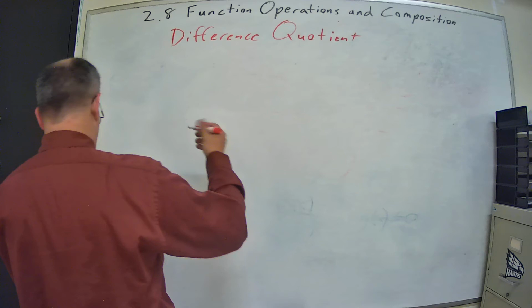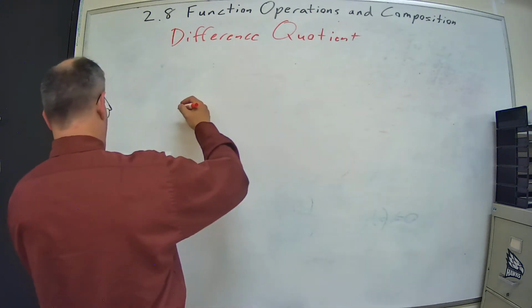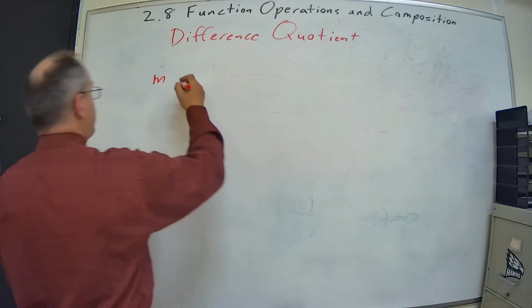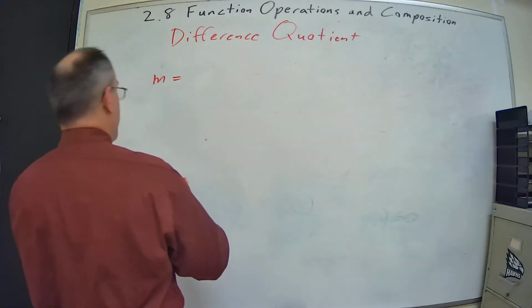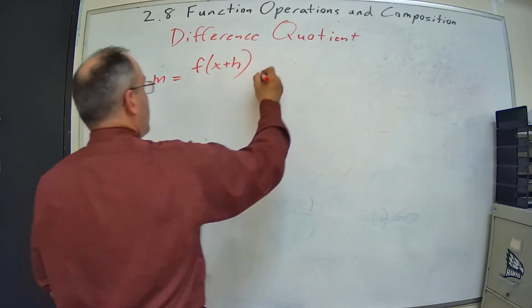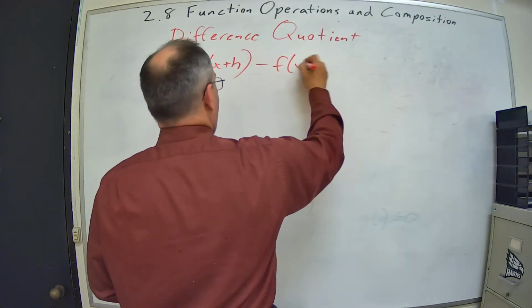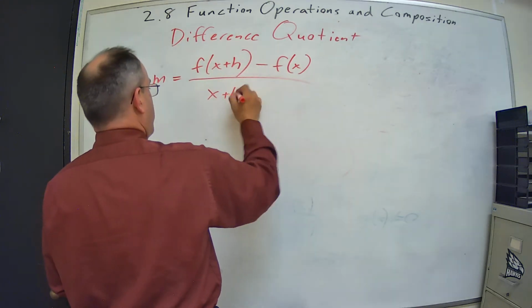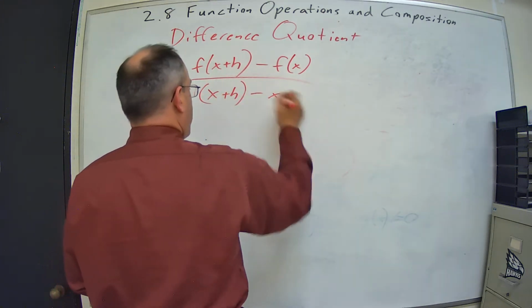And how we do that is we start with the slope is equal to f of x plus h minus f of x over x plus h minus x.